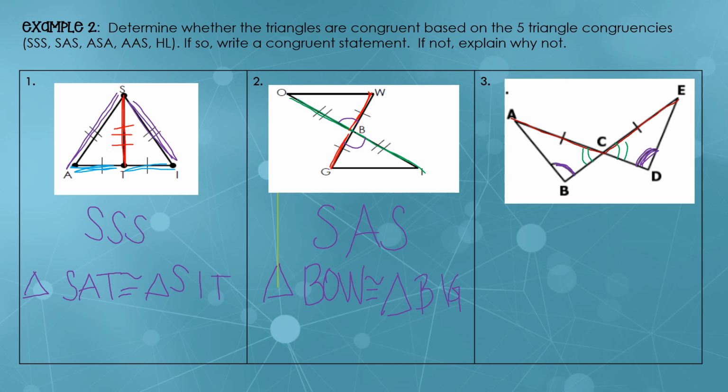So we have two angles and a side. So our options would be either angle, side, angle, if the side that they've given us touches both angles. It does not. Or angle, angle, side, if you have two angles and the side touches the same corresponding angle, which is what it does, because AC and EC both touch the green vertical angles.